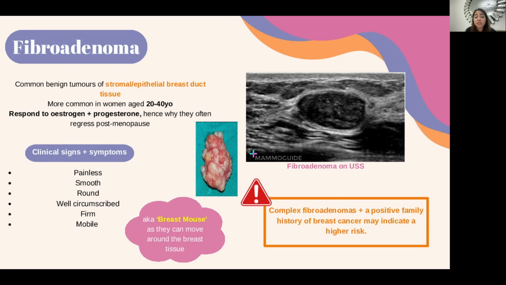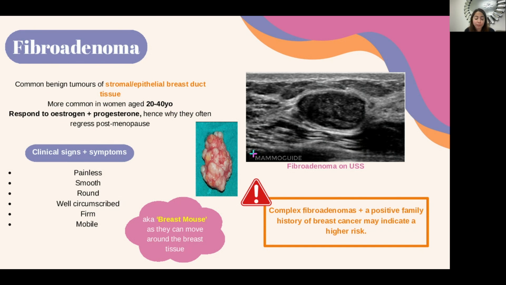Then going on to the symptoms, they're usually painless, so they're not like the inflammatory ones that we discussed that were quite painful and tender. These are painless, smooth, round, with no irregularities around the borders, firm and mobile, so you can move them around.